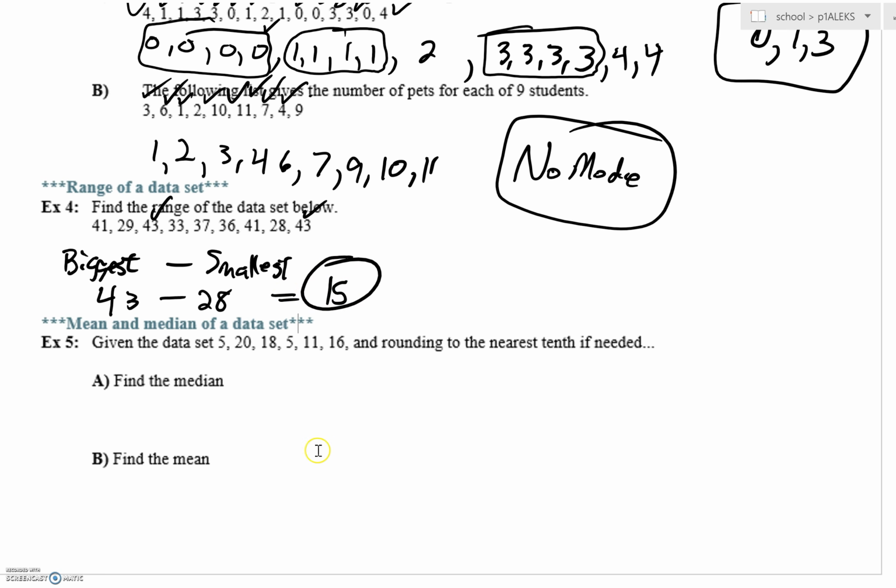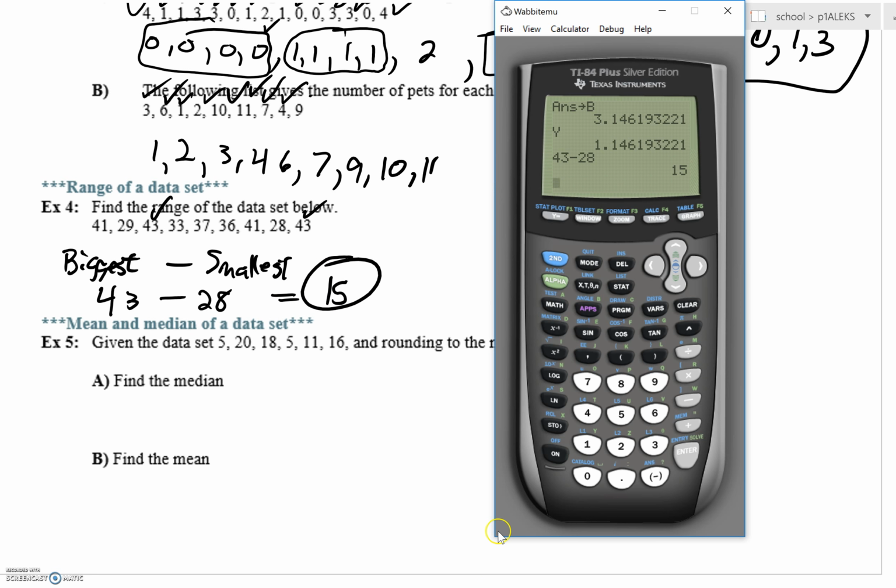Finally, take out your 89, and we're going to work out a nice little data set. You could do this by hand, but I'm going to show you how you can do this really just on the calculator. Okay, with the 89, we're going to press stat. If you want to enter in data, you'll hit stat, then you hit edit.